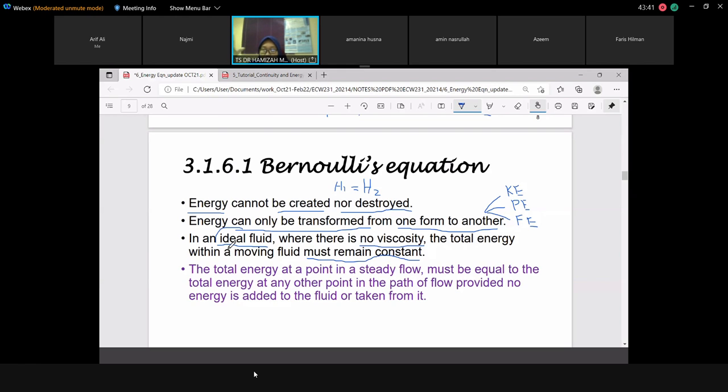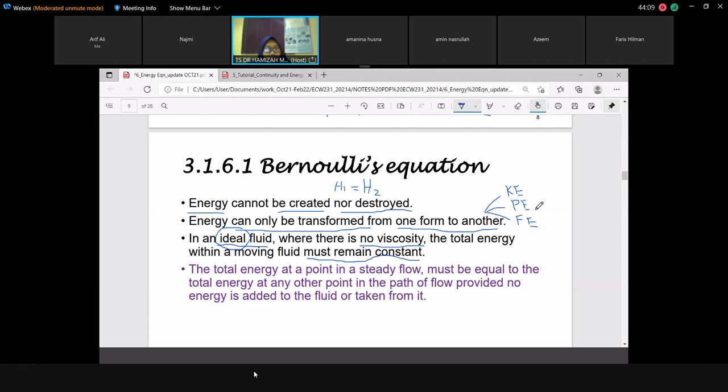Bila fluid bergerak, dia akan berlaku drag of friction. Dia menyebabkan geseran, so lambat. So bila kita consider ideal fluid, maksudnya kita abaikan dia punya viscosity, kita abaikan dia punya friction loss. Sama juga dengan energy. So when it's considered ideal fluid, there is no energy losses during the transformations of energy.